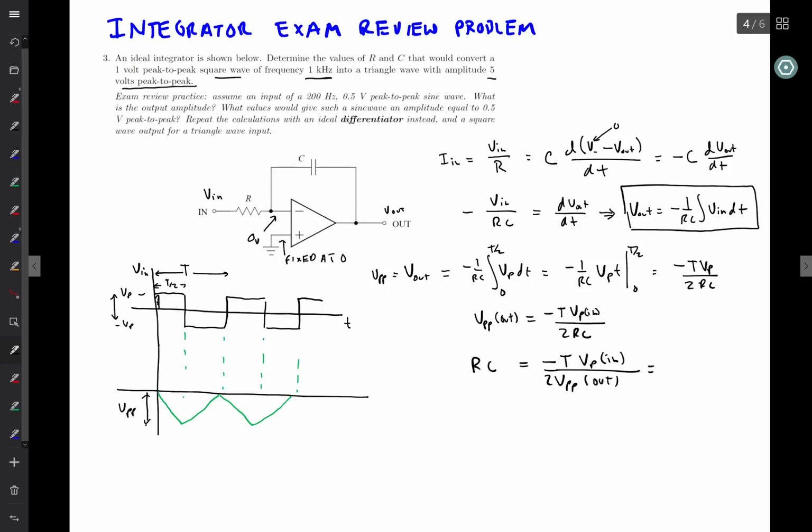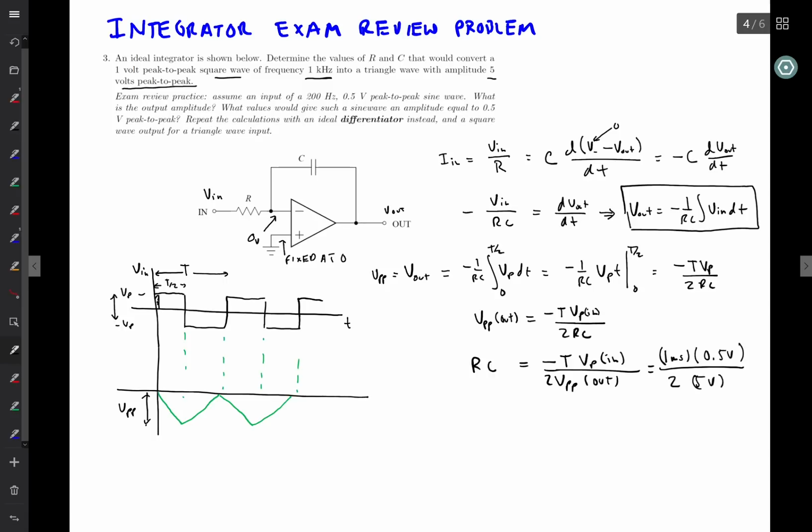For this time, this is a 1 kilohertz wave, so the period is equal to 1 millisecond. And the peak voltage is half of the peak-to-peak voltage, so it is a 1 volt peak-to-peak square wave, so this peak voltage is 0.5 volts, over 2 times V peak-to-peak out, and the output is 5 volts.